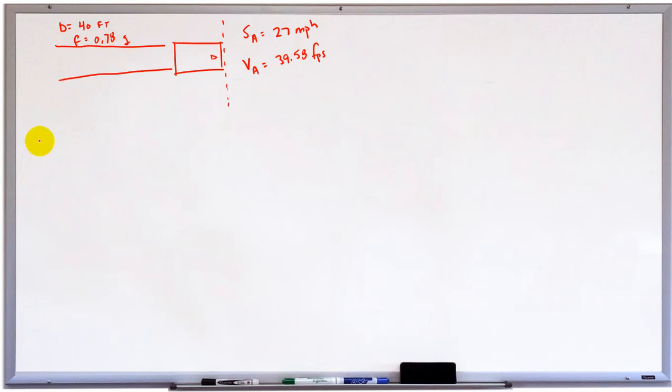Now, step one, I'm just going to write out my formula. Velocity is equal to the square root of the velocity original squared plus or minus 2 times a times d. Now you notice that I don't have an a variable written up here just yet, but if I want to do that, it's very simple. I just say that a is equal to my drag factor, or my acceleration factor, times gravity.